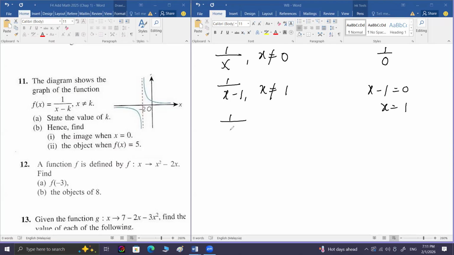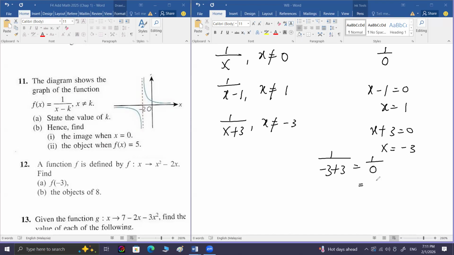Okay, again. If I say x plus 3, x cannot be what? Negative 3, right? If you shift the 3 over, it becomes negative 3. x cannot be negative 3 because negative 3 plus 3 gives 1 per 0.